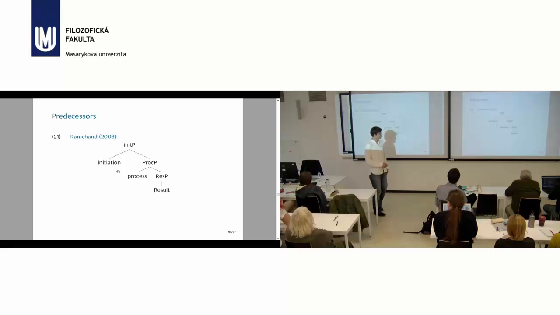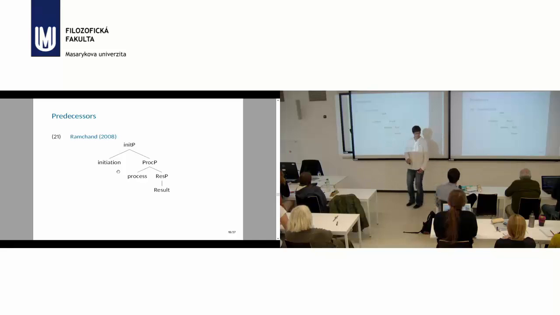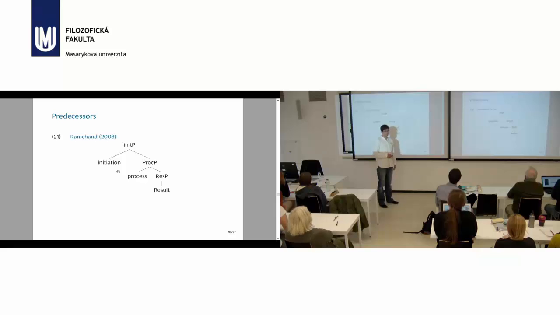Namely, there's always going to be a process. Okay? So verbs basically denote processes. Okay? But process is not a lexical head. It's just like any functional head. Just like it can be definite or indefinite, it can denote a process or not. In addition, that process can be caused, so it can have an initiation, and that initiation can be either internal or external.